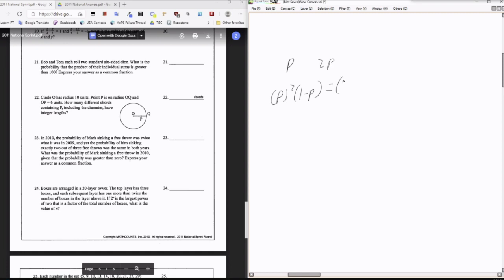So it would be 2P squared times 1 minus 2P.